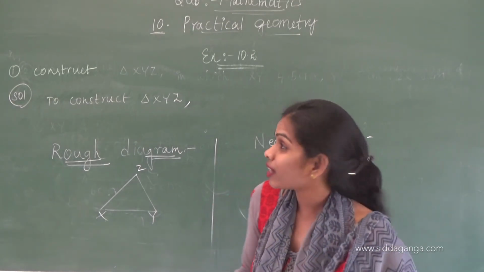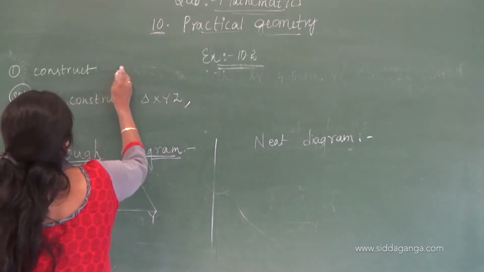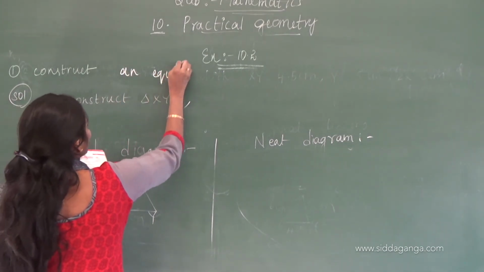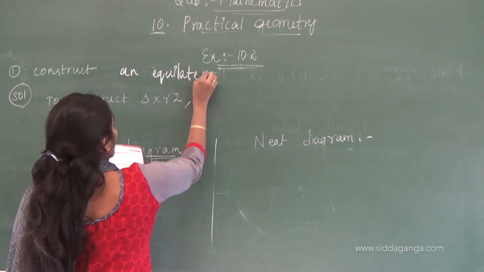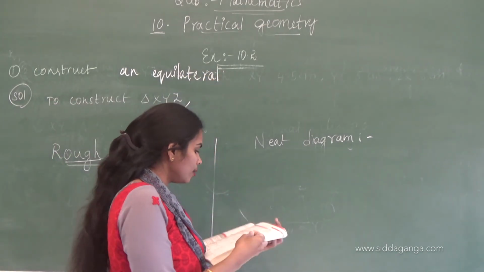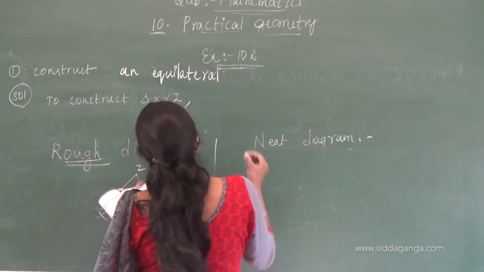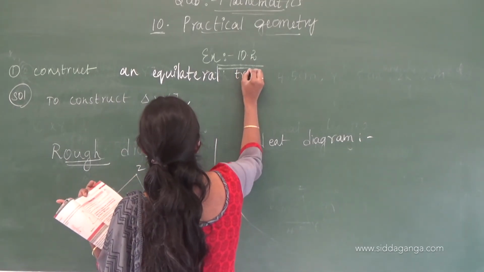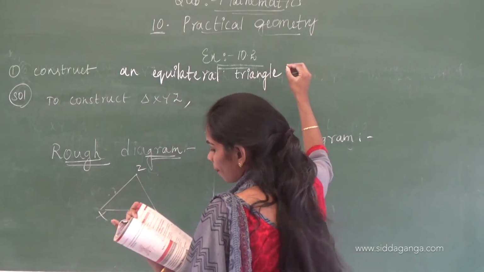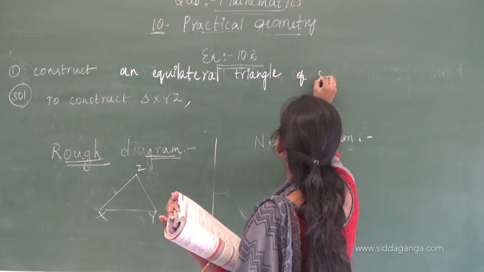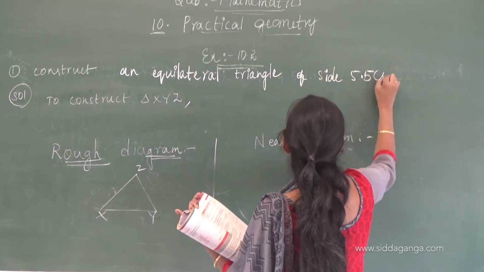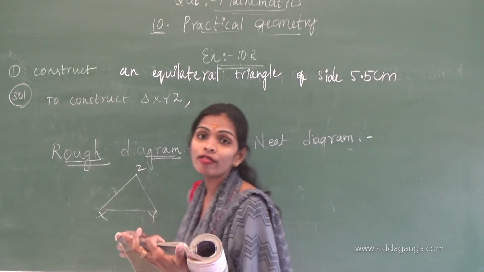Construct an equilateral triangle of side 5.5 centimeters.